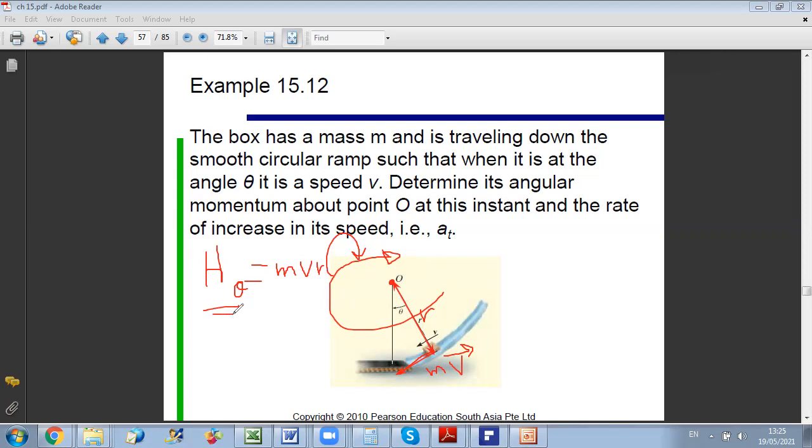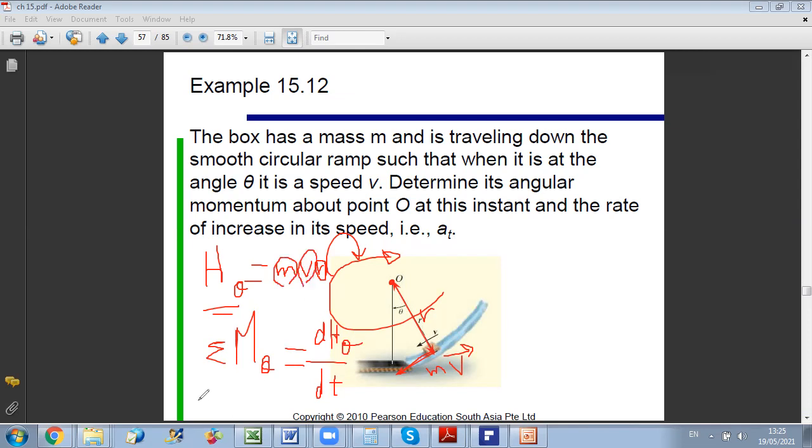Now, if I use the principle derived on angular momentum, we have seen that the sum of moments about O should be equal to the derivative of angular momentum about O with respect to time. So let us derive together the expression. During circular motion, you know that r will not be varying because it's a circle, and m is constant, so I only have to differentiate v.